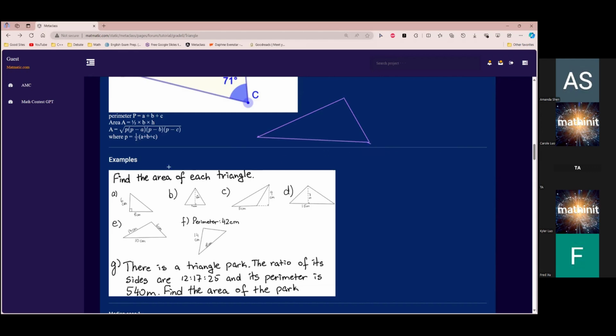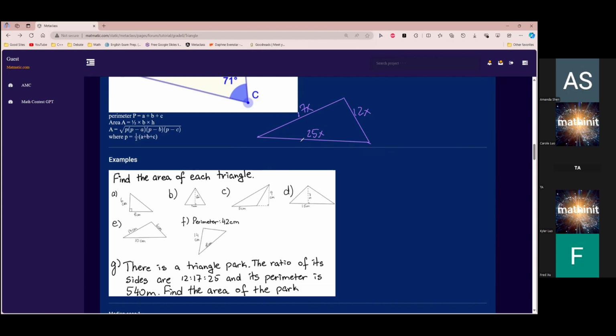If we put this into one unit, you'd have something like 25x, 17x, and 12x.